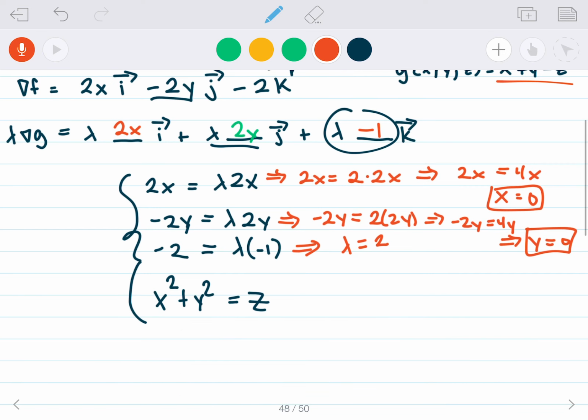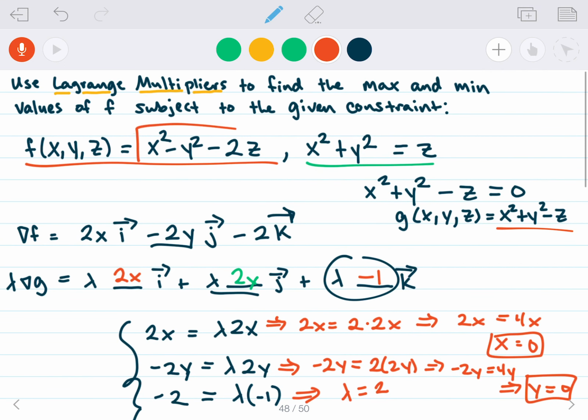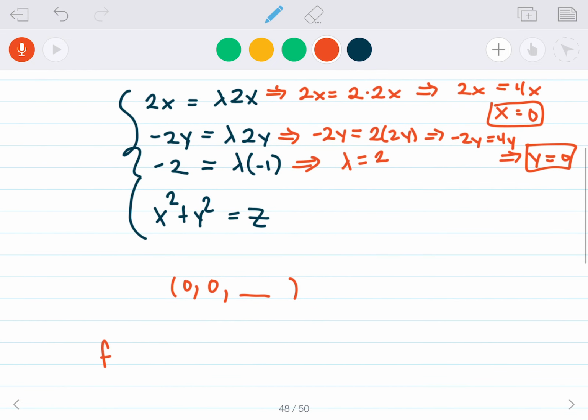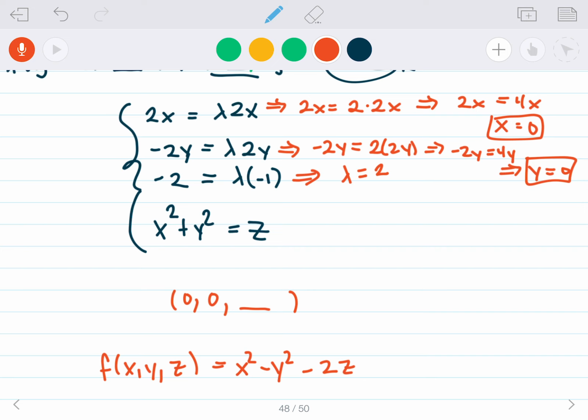So that's my critical point there: x is equal to 0, y is equal to 0. Oh, and also z is equal to 0, because if I plug in x is 0, y is 0 from our constraint, we're going to get z equals 0 as well.